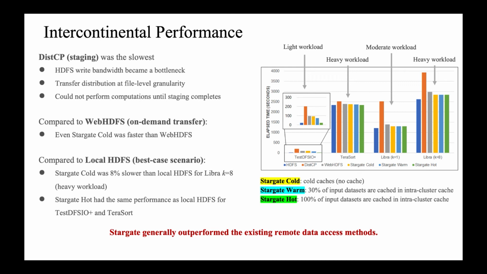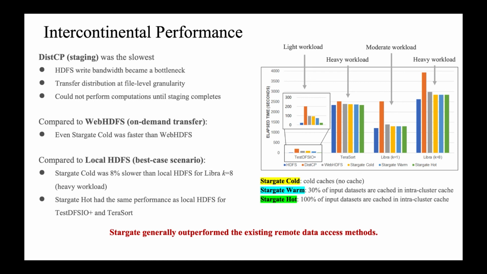Stargate was faster than WebHDFS, which provides the same on-demand data access, regardless of cache states. This shows that Stargate provides improved end-to-end data access performance.